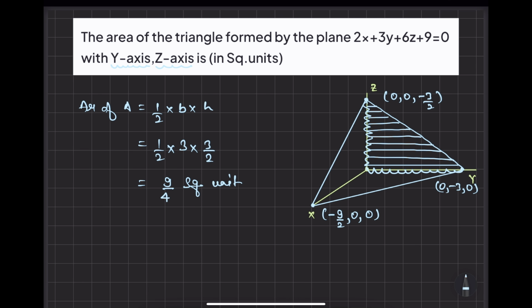So you need to take help of point A, point B, point C. This time they will ask you to find out the area of this triangle, the bigger one. Okay, and how will you do it? You will find out the AB vector, the AC vector, and then the area of the triangle will become half of the magnitude of AB cross AC. I hope you guys can handle these kinds of situations as well.